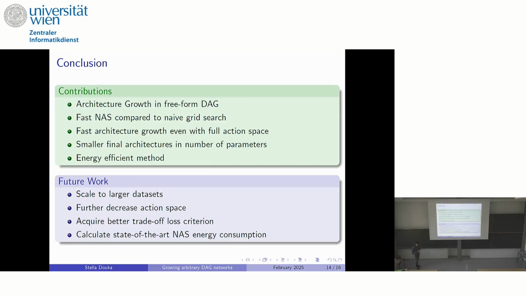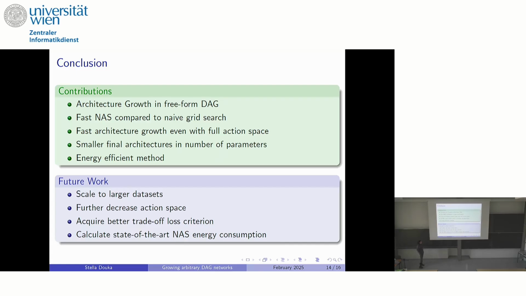So to sum up, we have an architecture growth that creates neural networks in the form of any directed acyclic graph. We have a fast neural architecture search compared to if we had to evaluate many networks from scratch, which means that we have to train them and then test them.